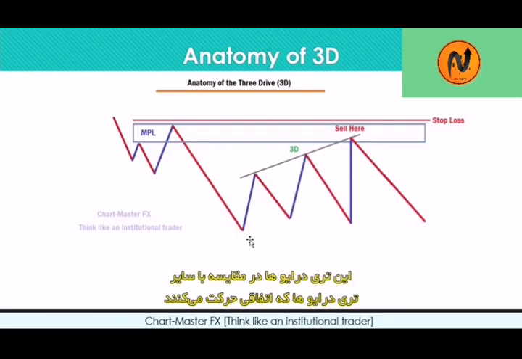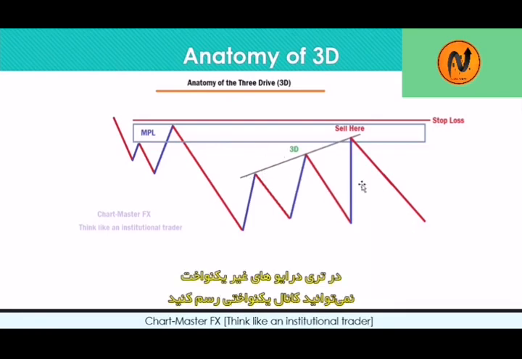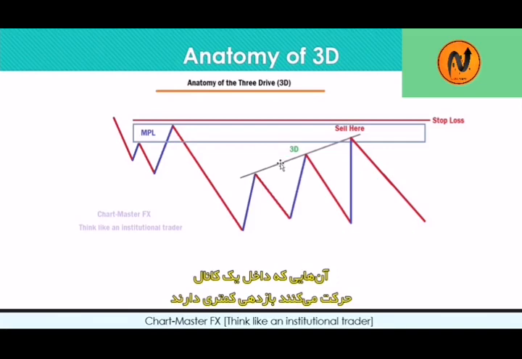In that instance, guys, those trades are high probability as compared to some of the 3 drives that are haphazard, to a certain extent that you cannot draw something here that makes it uniform. There's a lot of haphazardness on the downside here. So those kinds of 3 drives are not that effective as compared to the 3 drives that occur in the form of a channel.